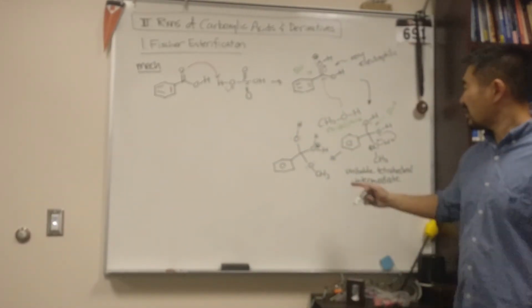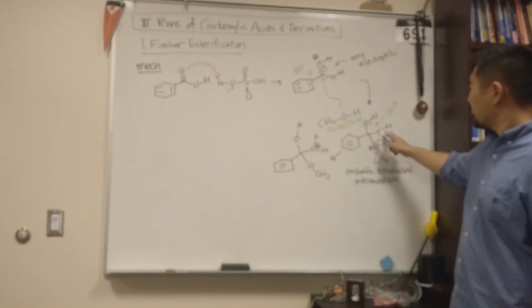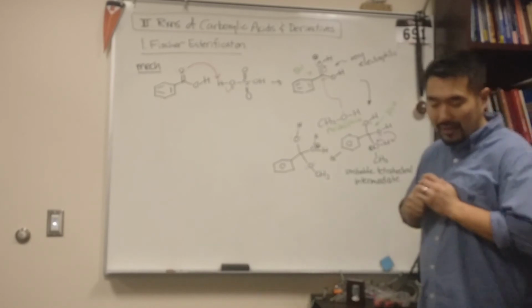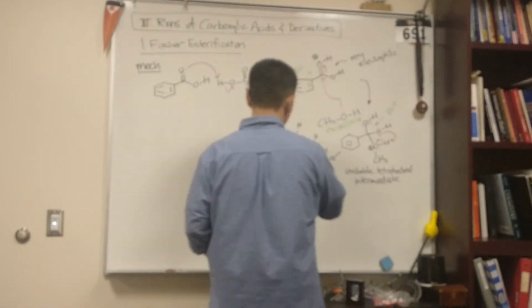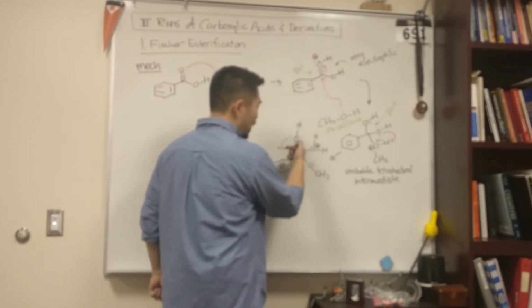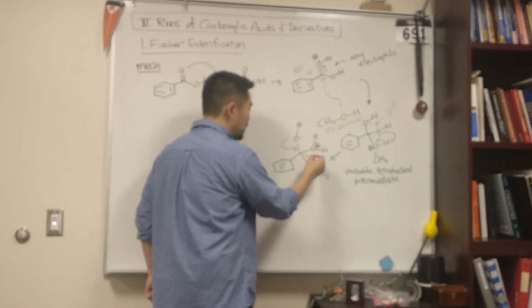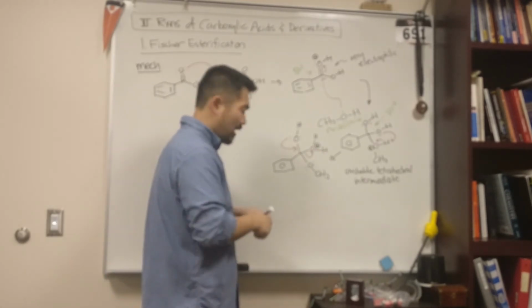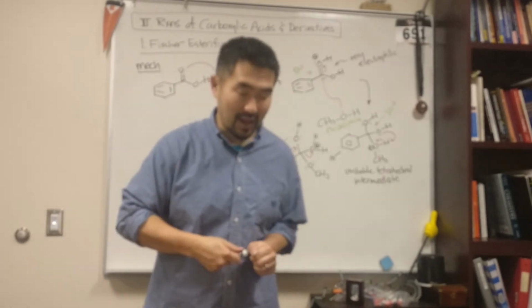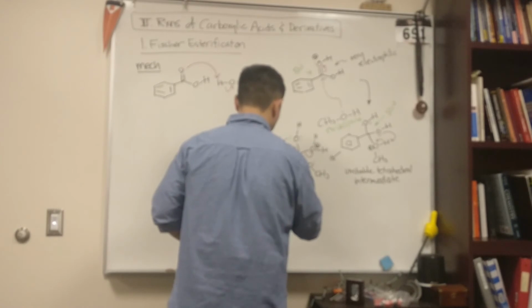That creates a nice leaving group here. That's the water, okay? Because it picked up a proton, and once that leaves, and it needs to be kicked off by something else like this oxygen, as it forms the double bond, you need to lose a bond. So this is the bond that gets broken, and the water gets spit out. So this is your collapse of the unstable tetrahedral intermediate step.